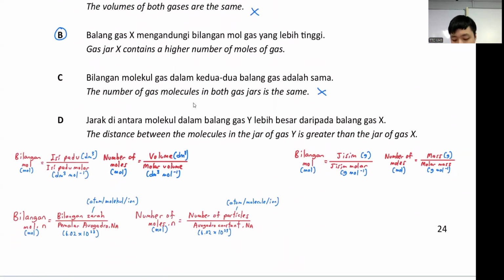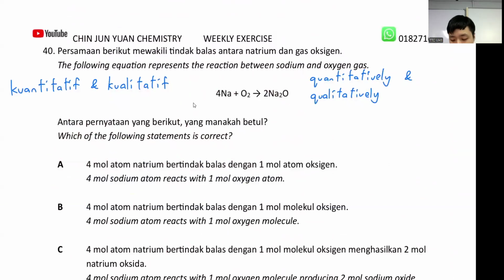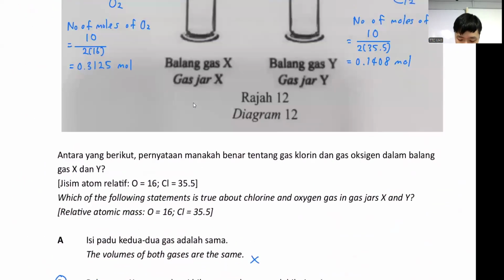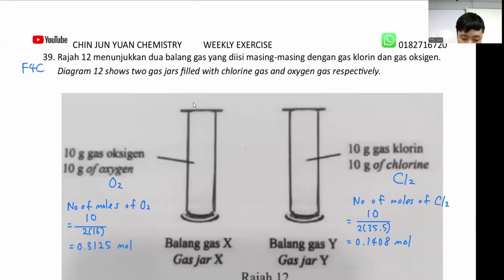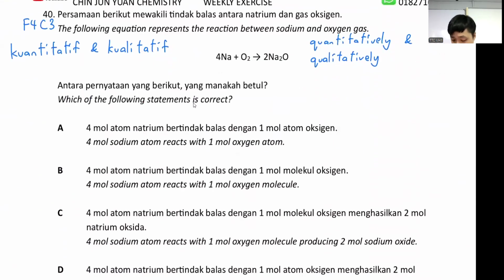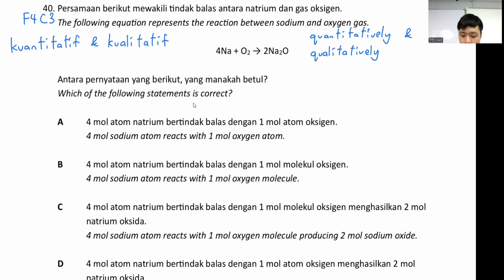Okay, 40. The following equation represent the reaction between sodium and oxygen. They ask you which statement is correct. Now, they give you A to D. These are all Form 4, Chapter 3. They give you the sentences involving quantitatively and qualitatively.